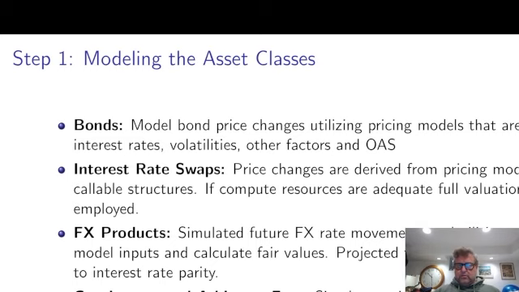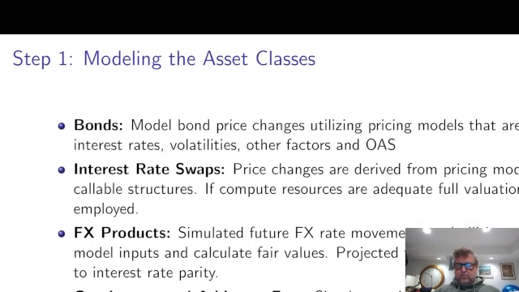For interest rate swaps, you want to look at the pricing changes via pricing models. There are also callable structures, and if you have callable structures in a Monte Carlo simulation, you really want to try and do full valuations. So for Bermudan callables, that's a challenge because you have simulations on pricing models that often have stochastic simulations as well.